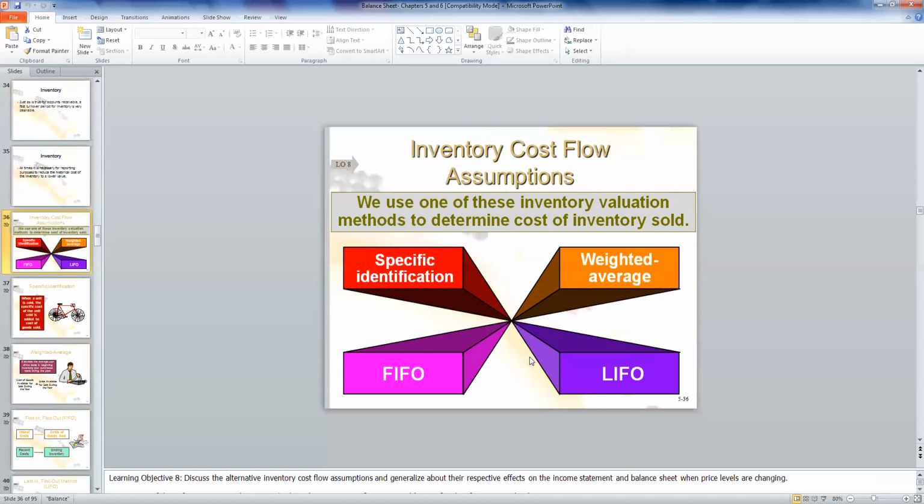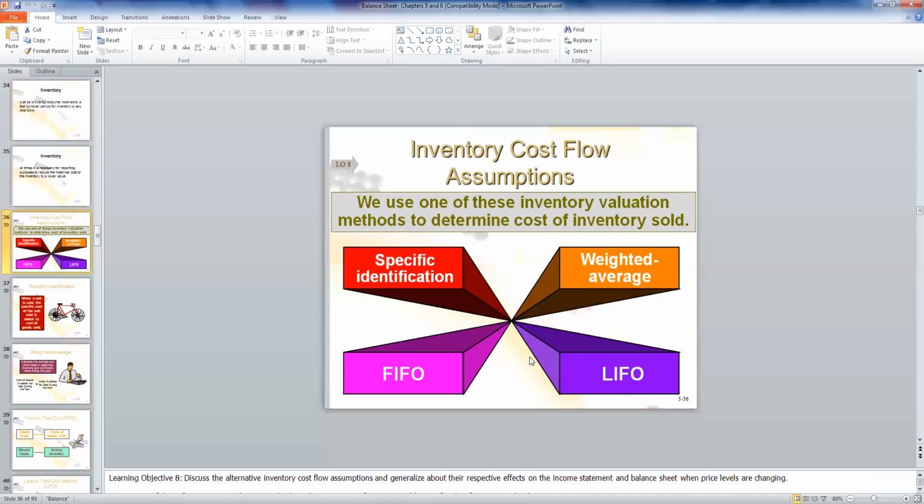FIFO means first in, first out, which means the first inventory that comes in is the first one, from an accounting perspective, that I ship out to my customer. And LIFO is the last inventory that comes in, from an accounting perspective, is the first one I ship out to my customer. And we're talking about financial transactions, not the physical movement of it. That's basically what FIFO and LIFO represent.